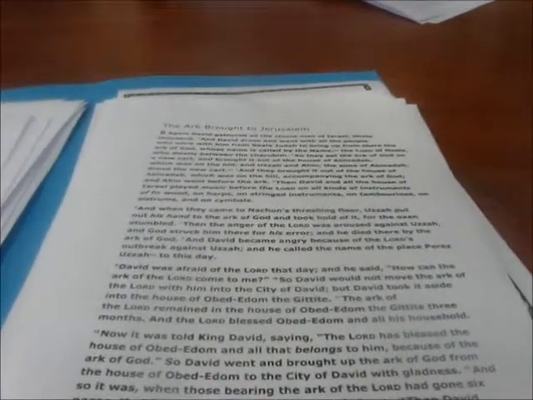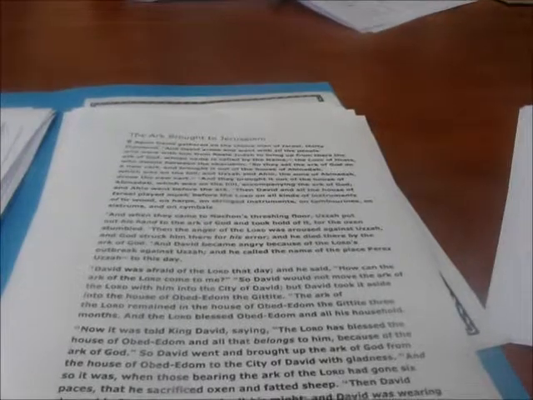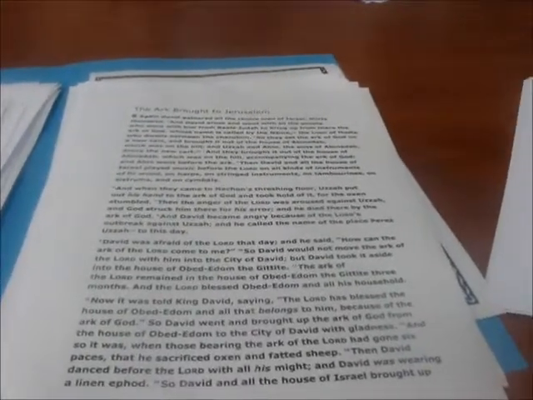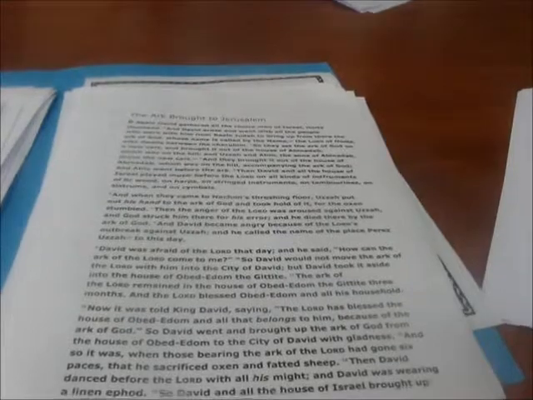Again, David gathered all the choice men of Israel, 30,000. And David arose and went with all the people who were with him from Baale Judah to bring up from there the ark of God, whose name is called by the name, the Lord of hosts, who dwells between the cherubim. So they set the ark of God on a new cart and brought it out of the house of Abinadab, which was on the hill.